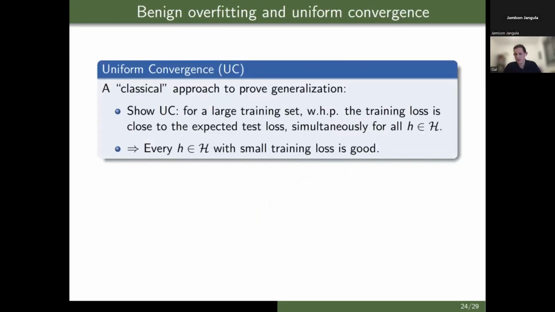And one of the reasons that understanding and analyzing benign overfitting is usually challenging is that we cannot easily use the standard tool of uniform convergence, which is a very classical and useful tool for proving generalization.